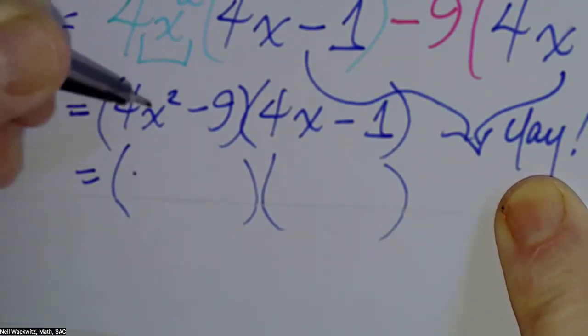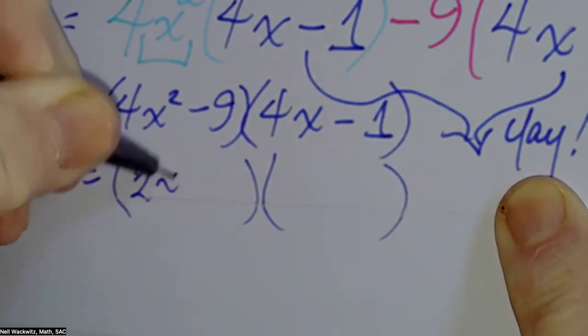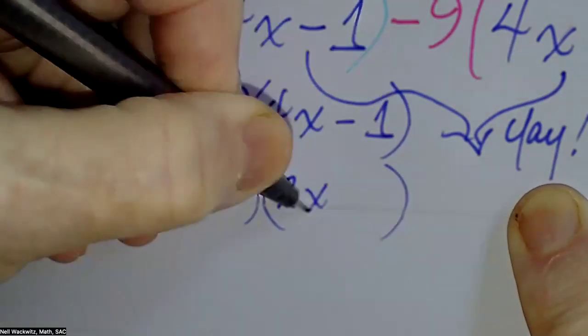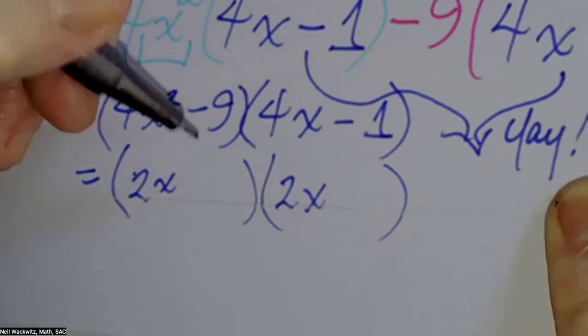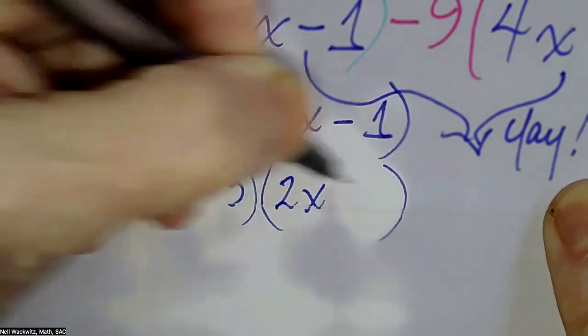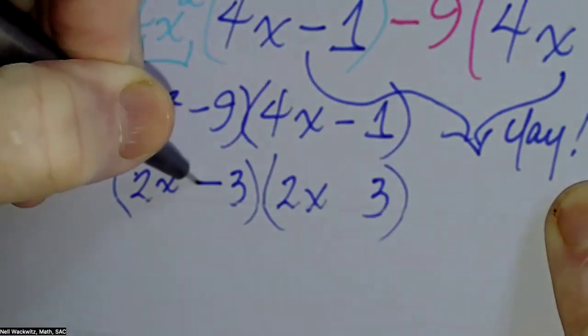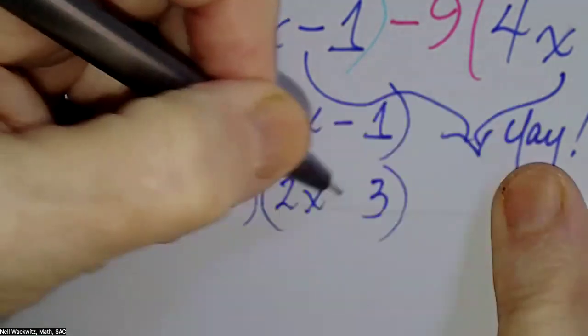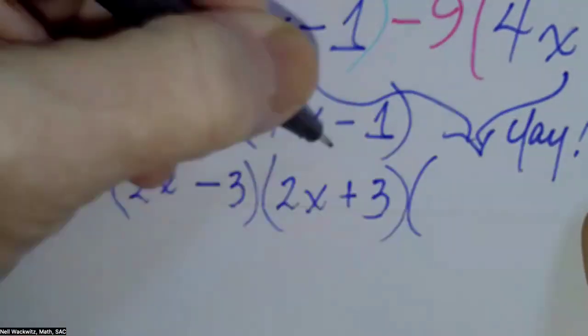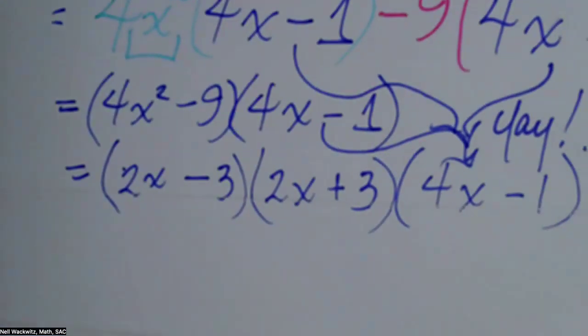So the square root of 4x squared is 2x. And what else did you take the square root of? 9, minus 3. Good. And you have a negative in the first. What do you have in the second? Positive. Good. And then we still have the 4x minus 1. Yay.